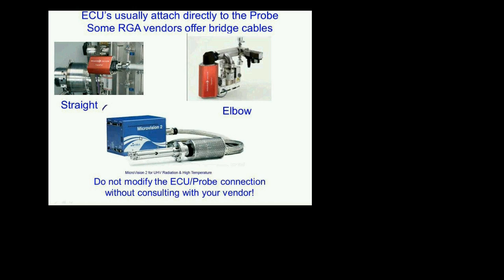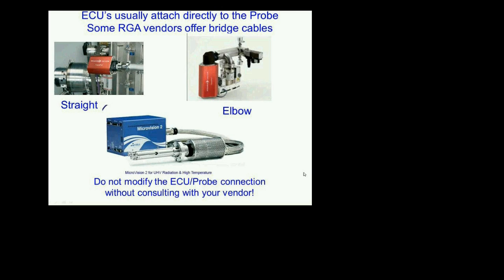In some cases too, like in an accelerator, a high-energy physics lab, or a synchrotron, where you do not want to expose the electronics to the hard radiation in the system, you can also buy RGAs where the probe is separated from the electronics via a long cable. In an accelerator or a synchrotron, it's probably going to be a radiation-hardened cable, but it will allow you to connect the electronics control unit to the probe remotely.